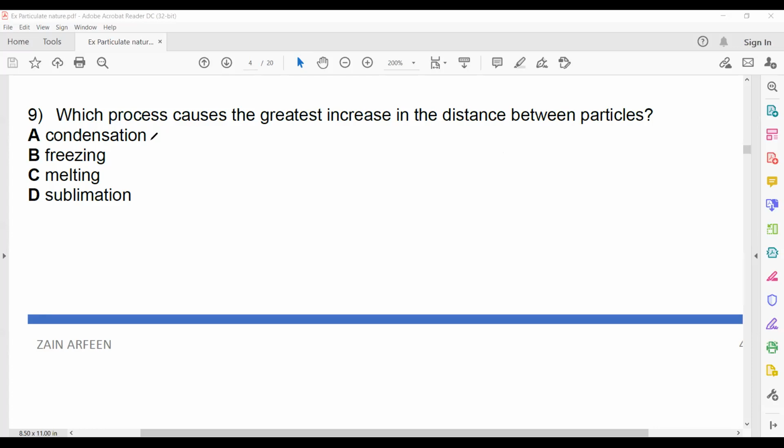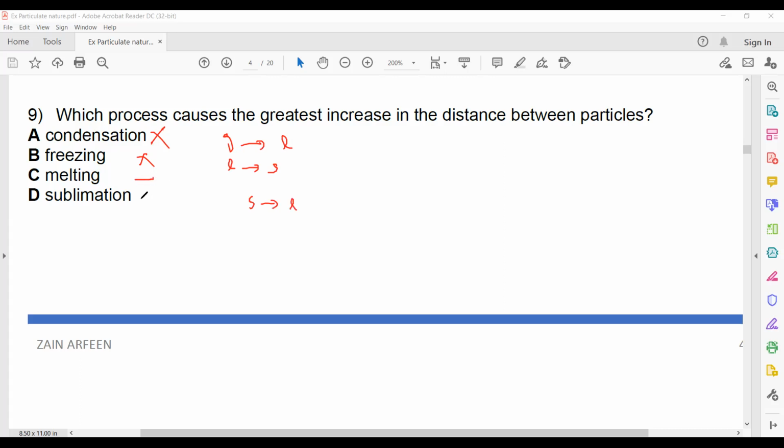Look, when you check, condensation means the gas is changing into liquid. If gas is changing into liquid, the particles come closer. That's wrong. Freezing means a liquid is changing into solid. That's also wrong. Melting means a solid is changing into liquid.